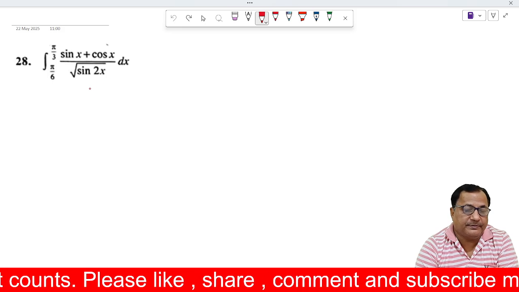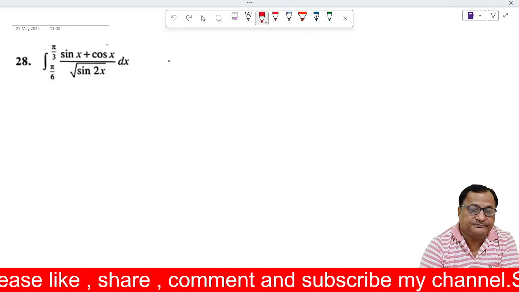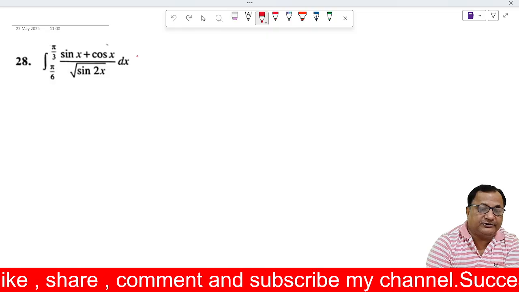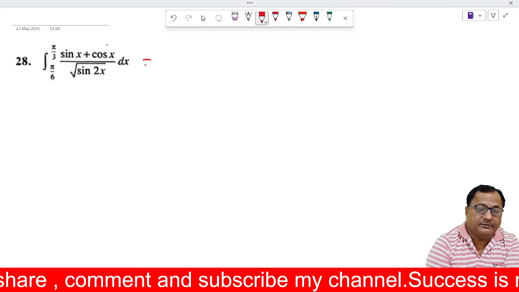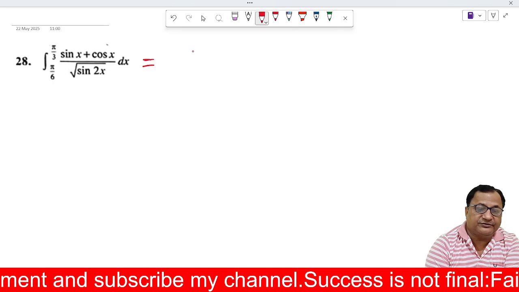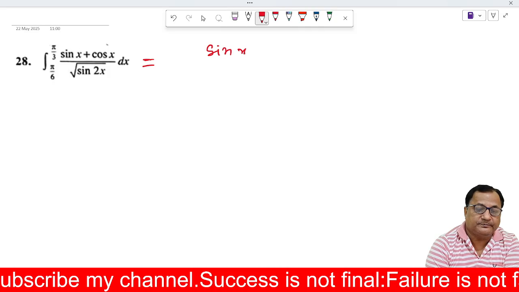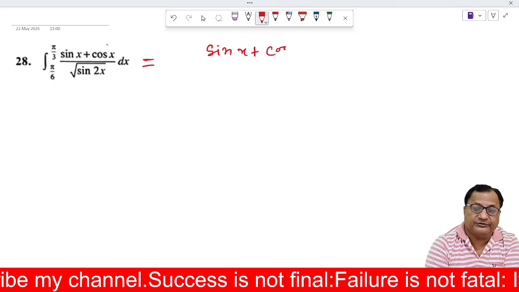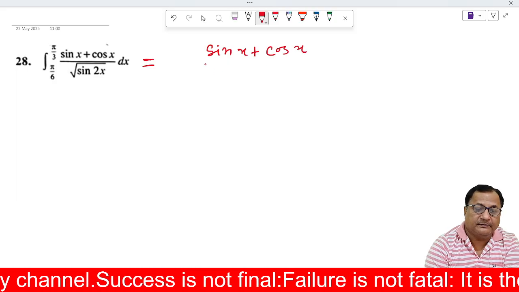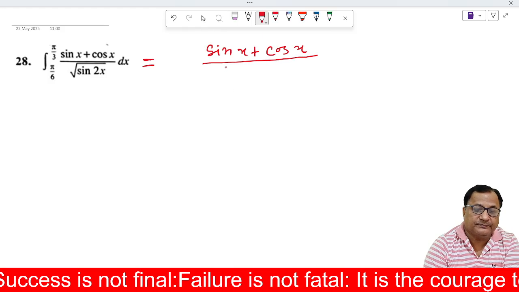Do question number 27. We have to find integration of this. So first we will write this as sin x plus cos x divided by this.